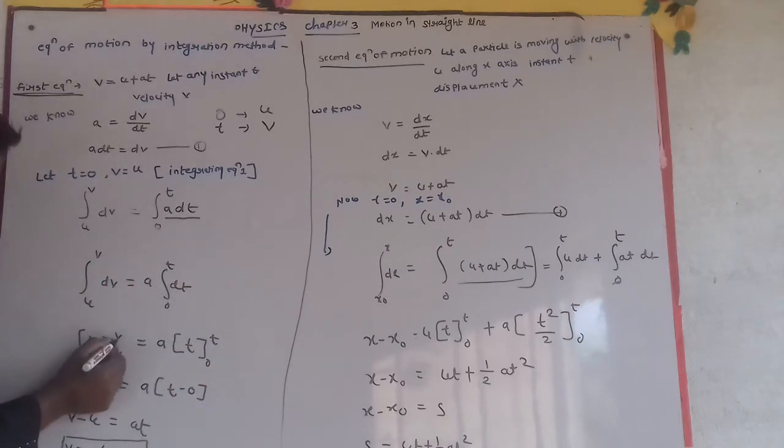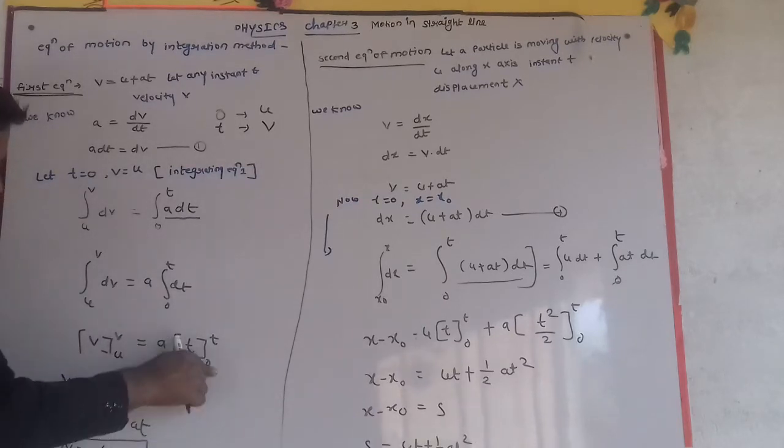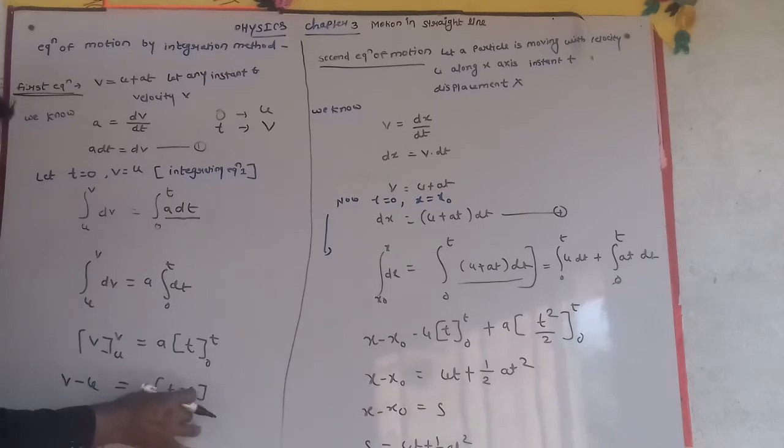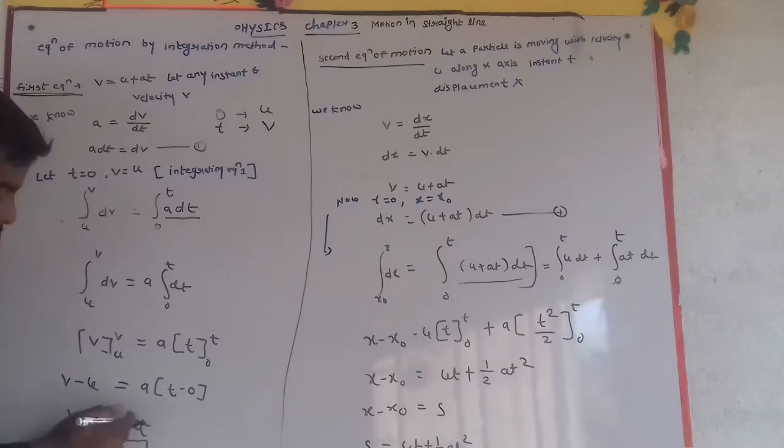The integration of dv is v and of dt is t. Putting the limits, upper limit minus lower limit: v minus u, and t minus 0. Multiplying by A, v minus u equal to at. So v equal to u plus at, which is our first equation of motion.